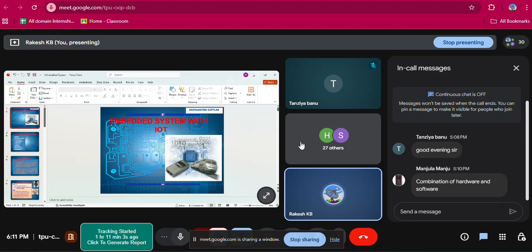These are all inbuilt in the microcontrollers, and also serial interfaces, ADC, DAC. So these will be inside the microcontroller. That's why it is called a single chip, where all the devices, the memory and all, are inbuilt.